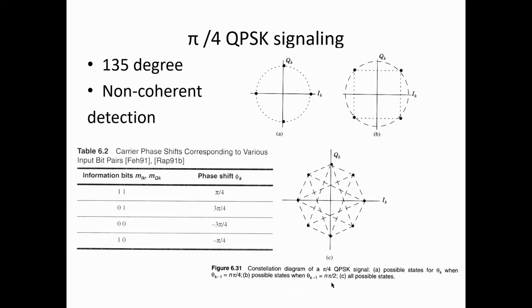In the previous lecture, we discussed the conventional QPSK, and then we discussed offset QPSK, which is the advanced version of the conventional QPSK. As I mentioned in the previous lecture, QPSK has a phase shift of 180 degrees when we are transmitting two bits simultaneously.